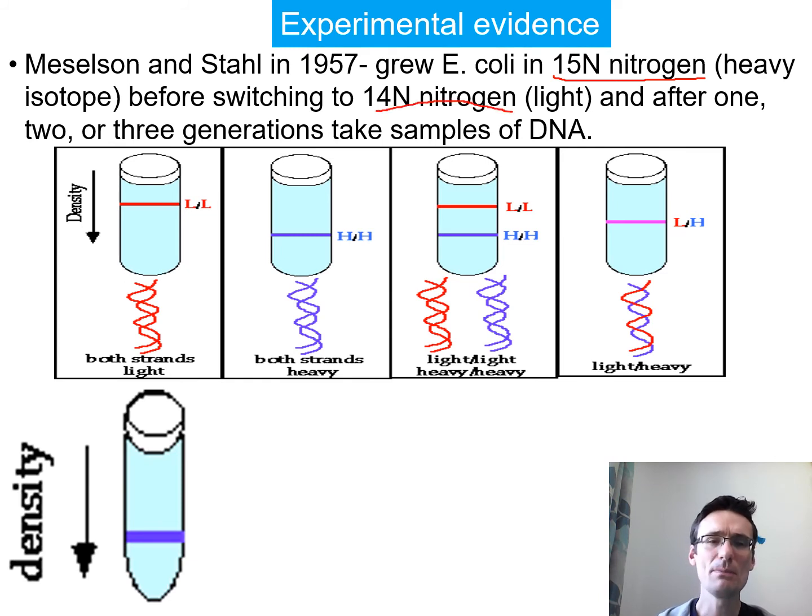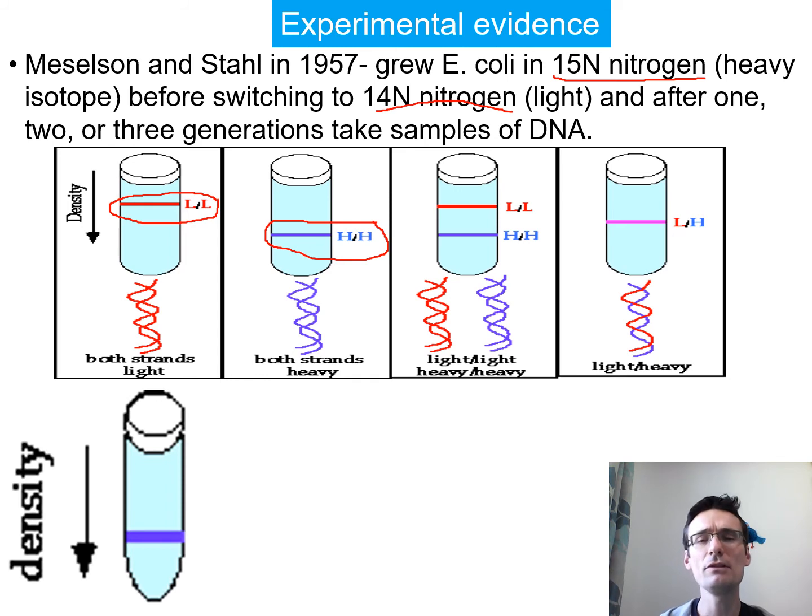Now what you would expect is this: if both strands of DNA were light, you'd have a red line, as we're going to represent it up here, and your strand of DNA would fall there because of the mass. If both of the strands of the DNA molecule were heavy, you would get a heavy line at the bottom.